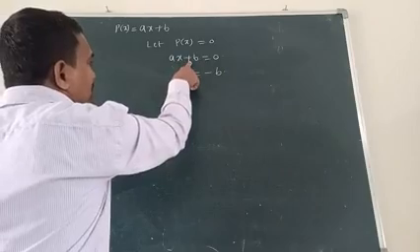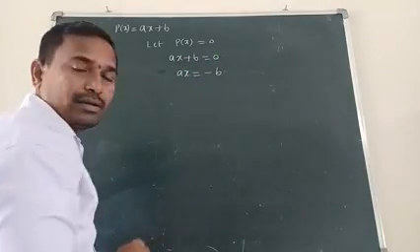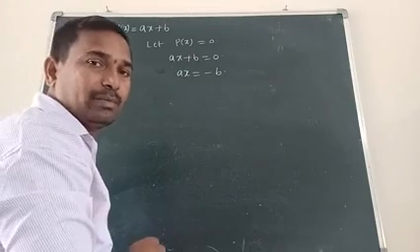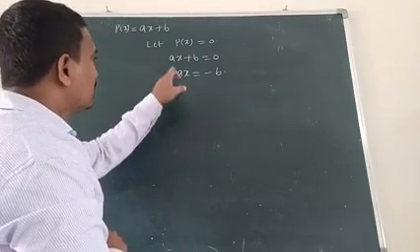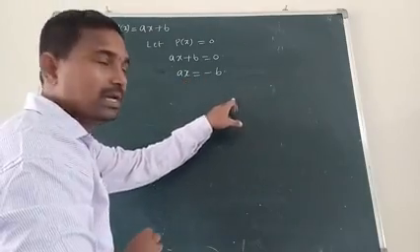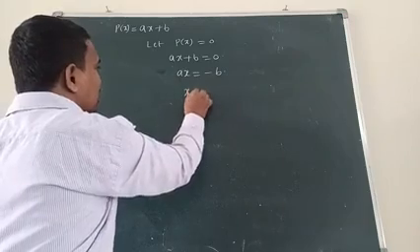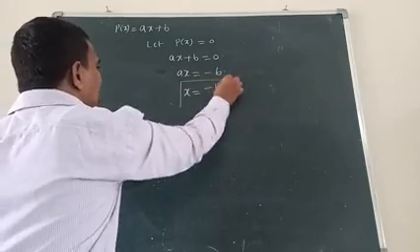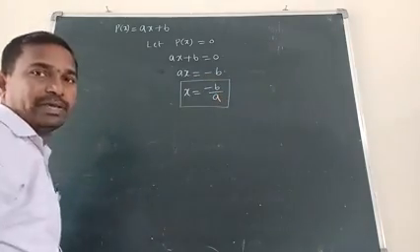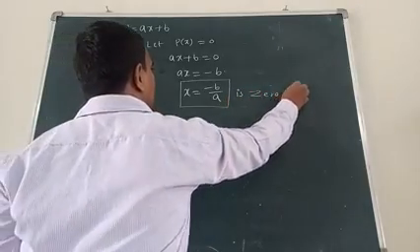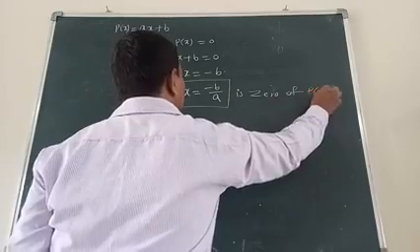Positive terms transposed to the right side become negative terms, and negative terms transferred to the right side become positive terms. Here a is multiplying, so that transfers to the right side and becomes division. So x equal to minus b by a. So what we got? x equal to minus b by a. This is the zero of p of x.